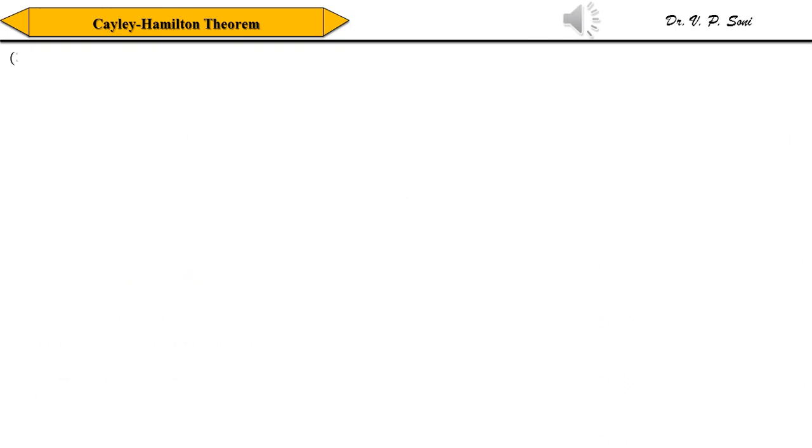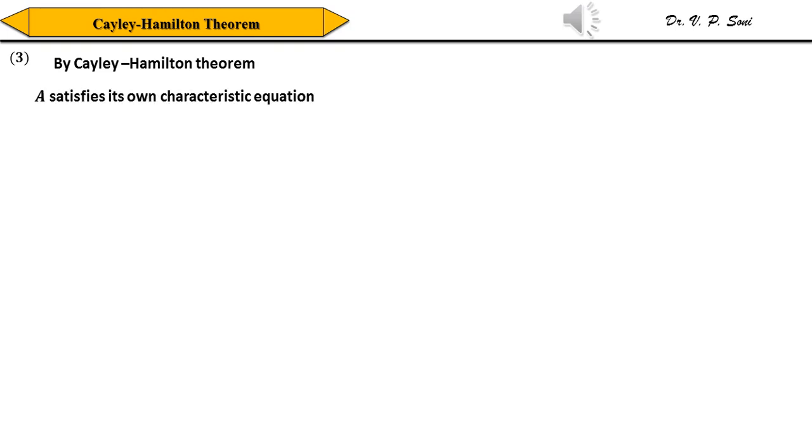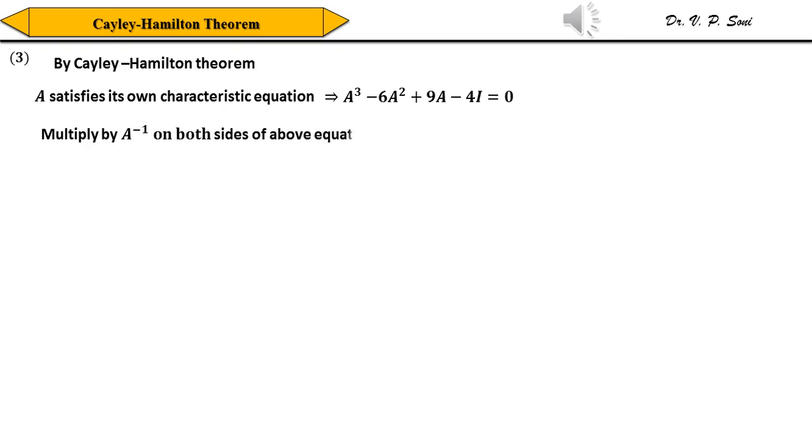Third, by Cayley-Hamilton theorem, A satisfies its own characteristic equation. This implies A cube minus 6A square plus 9A minus 4I equal to 0. Now multiply by A inverse on both sides of the above equation, we get A square minus 6A plus 9I minus 4A inverse equal to 0.